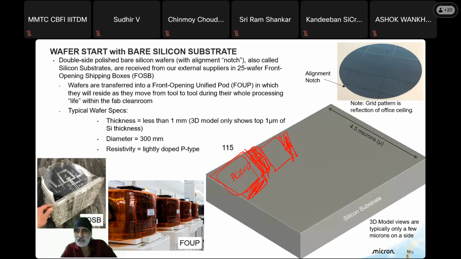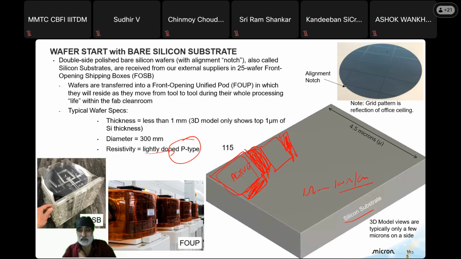In this figure, we have started with a P substrate, a lightly doped P-type wafer. The wafers which are used, we call a substrate. It's not intrinsic silicon, it's basically doped silicon, and the resistivity can vary from 1 ohm centimeter to some 100 ohm centimeter. For power devices which handle power close to 1 kilowatt, the resistivity is quite high, even 1 kilo ohm centimeter.